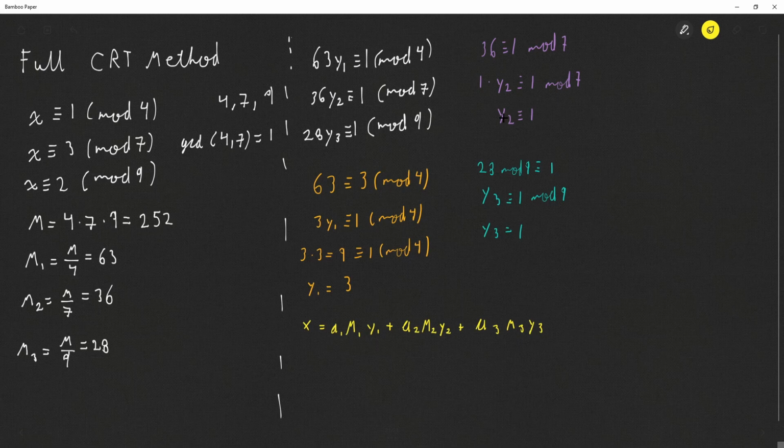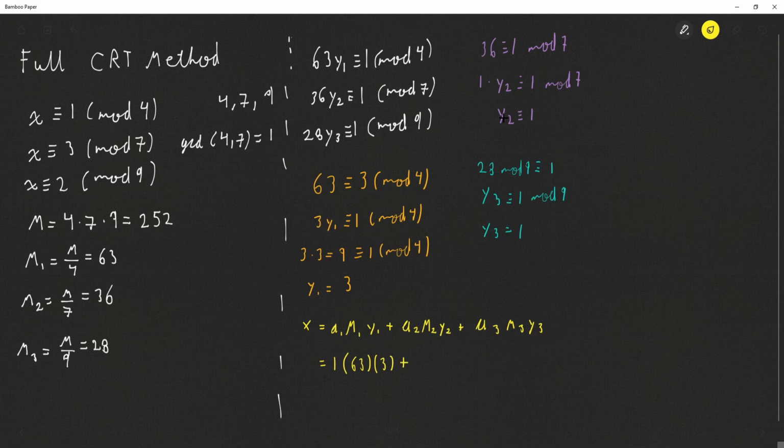So now we're able to just answer this by having our A1 being equal to our 1. Then we're going to have our M1, which is our 63, and our Y1, which is equal to 3.